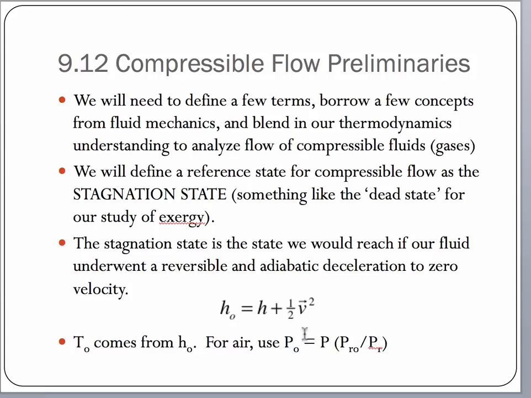And then we're going to get P naught using the isentropic rules. So if we're using air, we can use the tables with P sub r. Otherwise, we'll have to use the rules that we had for ratios of P to the k power, or k minus 1 power. And so you'll need to choose the appropriate technique for the substance that you have.